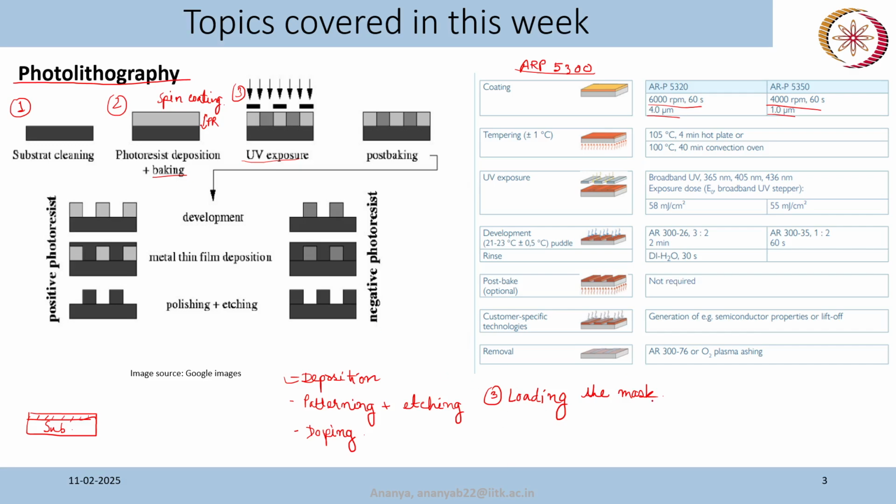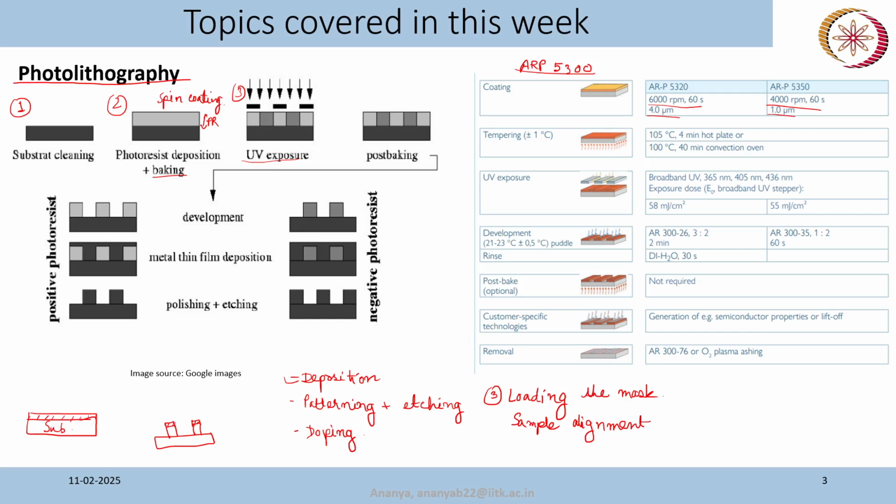In step 3 you load the mask first into your photolithography system, and then you align your sample to the mask. Why is this step important? It is important if you have multiple levels. Say this is the final pattern you are getting, and you want to do another metal deposition on top of it, say here.